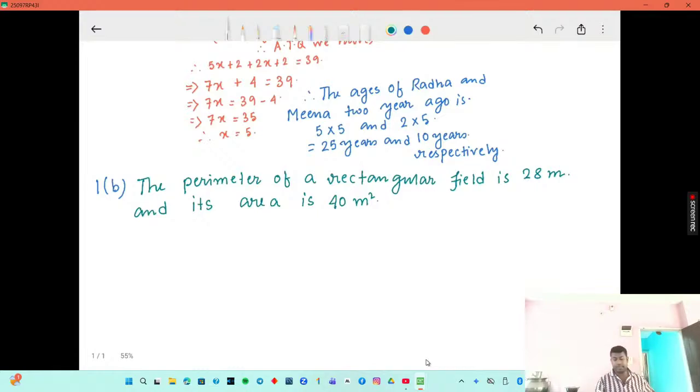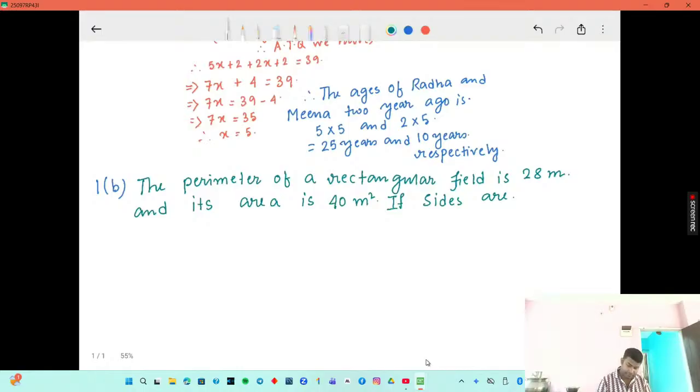So its sides are. So what is the question given? The perimeter of a rectangular field is 28 meter and its area is 40 meters square. What is the value of the sides?